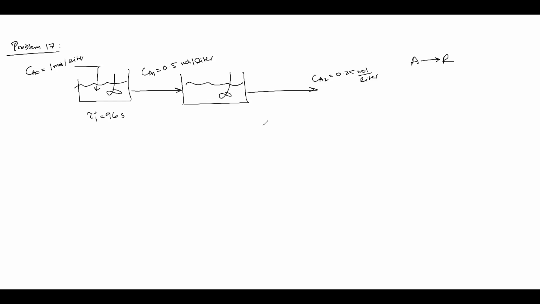Are you given anything else? So given mean residence time in the first reactor. You're not given the mean residence time in the second reactor. However, you're being told that volume of CSTR2 is equal to 2 times the volume of CSTR1, right? So this sets up the problem here.